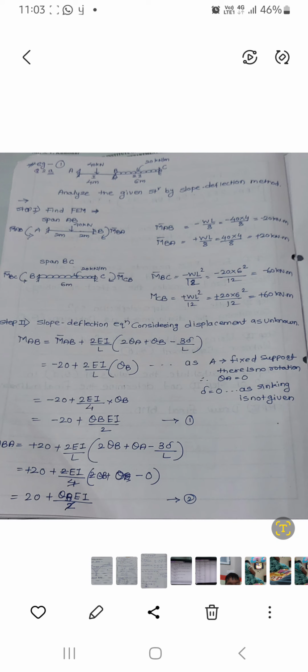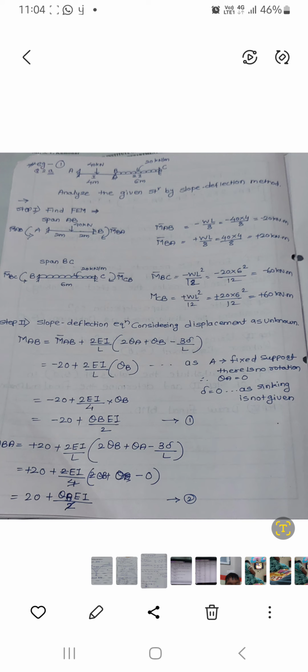Because fixed support means it should not move, that is, the support is fixed or rigid. Therefore theta A is equal to 0, and similarly delta is equal to 0. The delta value means the sinking. As sinking is not mentioned in the given problem, the delta value also should be taken as 0. Now only one term remains, and that is theta B.